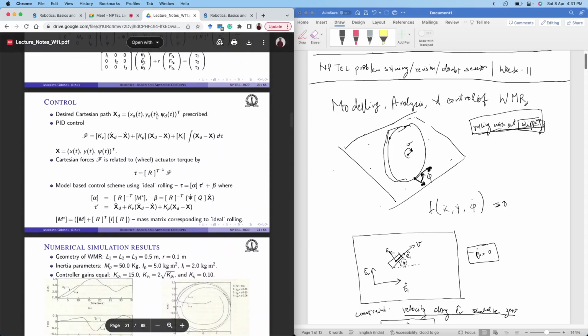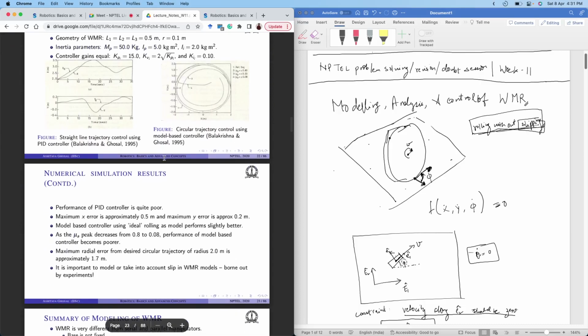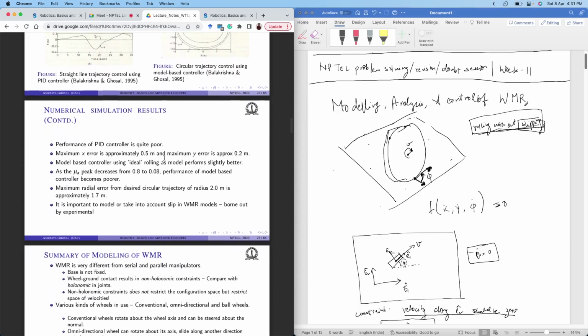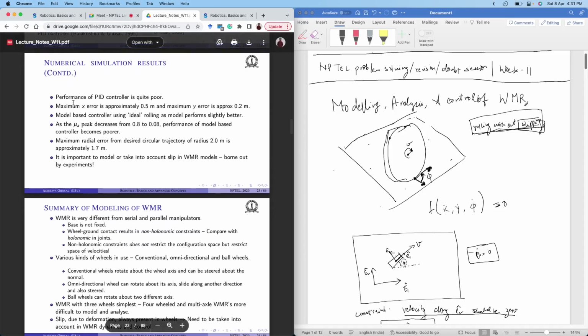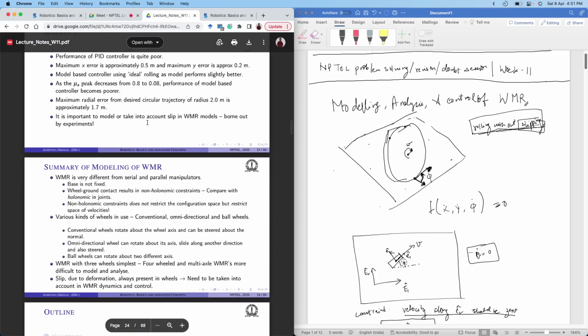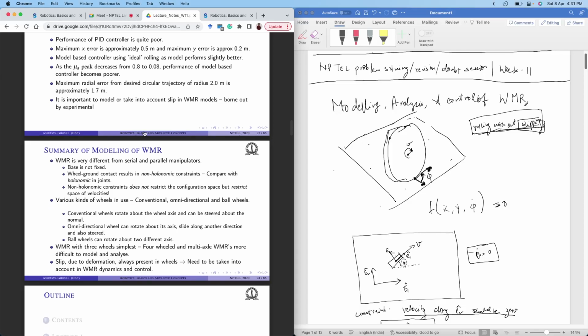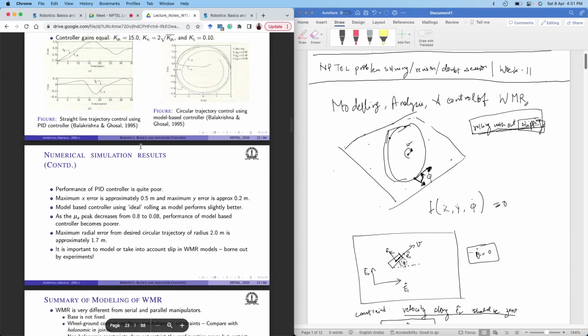The methodology is important, how you arrive at a conclusion, but it is much more important to interpret the results better. Like, why is the performance of the PID controller poor for this particular case? Can it be improved, or does one have to use entirely different control techniques for wheeled robots?